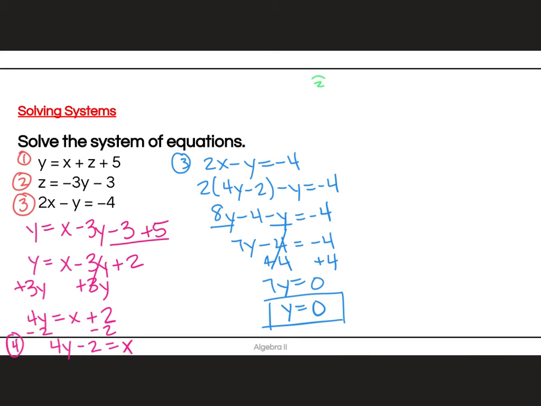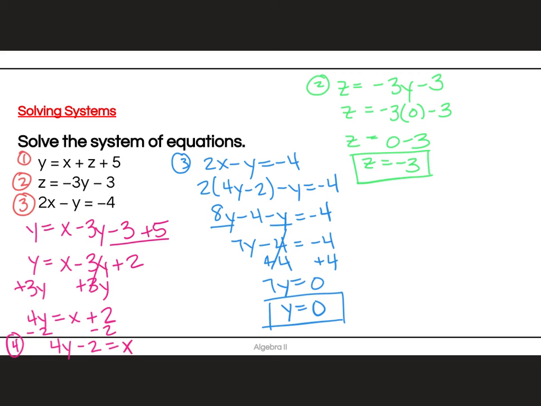So number 2 says that z is equal to negative 3y minus 3. So z is negative 3 times 0 minus 3. So negative 3 times 0 is 0 minus 3. So z would be negative 3. So I have a value for z.